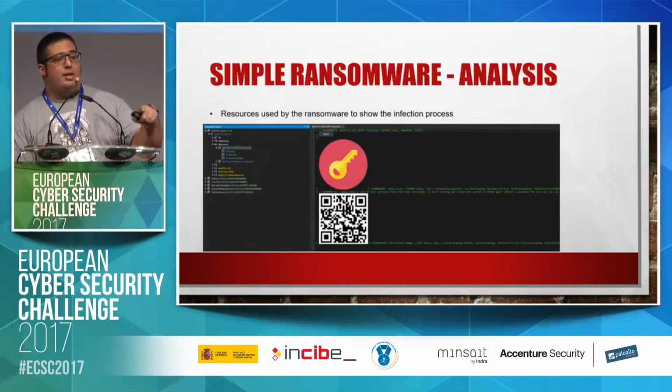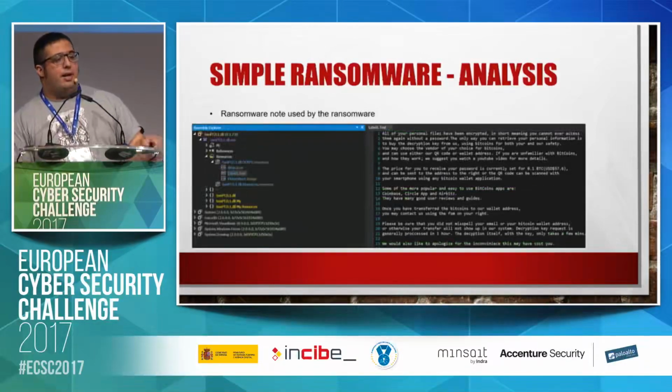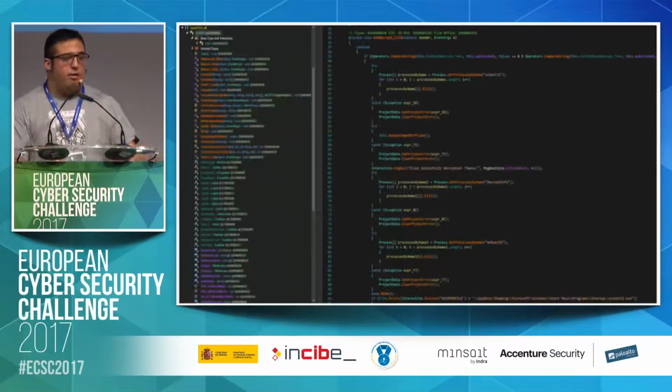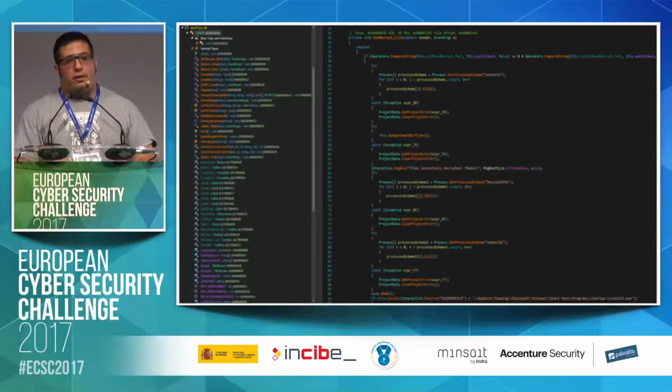And with this YARA rule, as I said, you can scan your network. And this is the content of the ransom note. Also, you can spend hours and hours reading code and trying to understand what the malware is doing. If you are not a reverse engineer and you don't have the interest to learn that, don't do that.